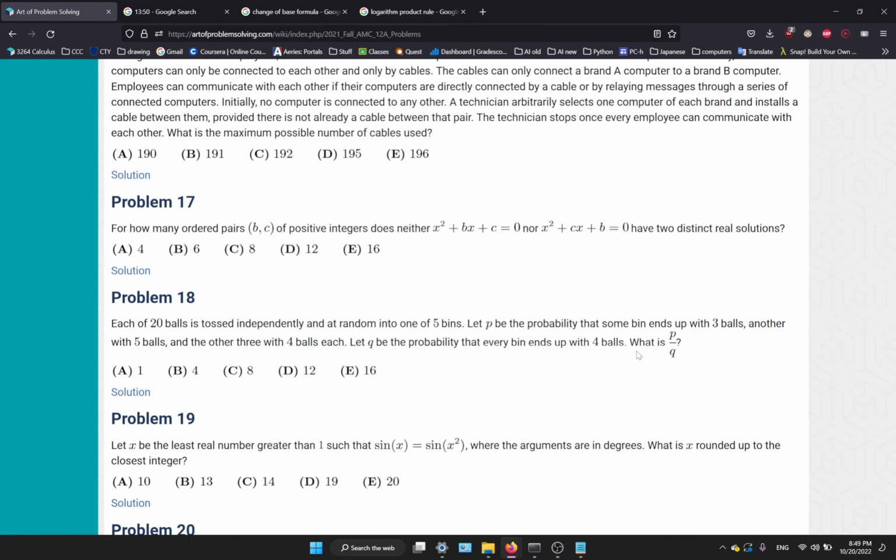Oh jeez. How many ways can that happen? One way. So that's not going to be right.